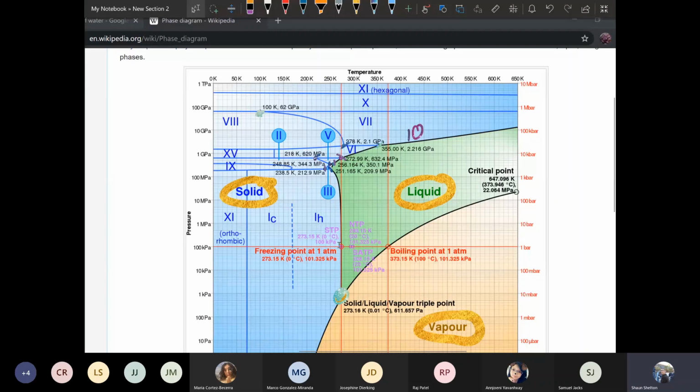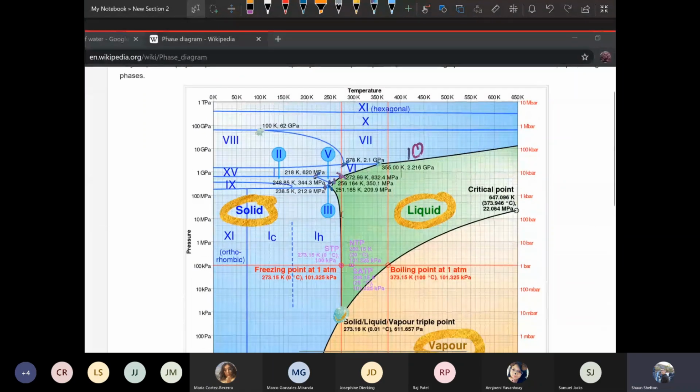Because what happens here is, if you look, this is representing the pressure. Now the temperature for these is different until you get higher up. But for the temperature, the main part is that once you go up at this 0 degrees Celsius, you see that these solids all exist around the same temperature and below.